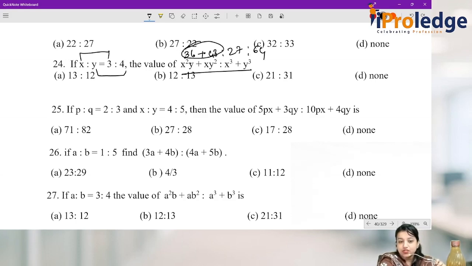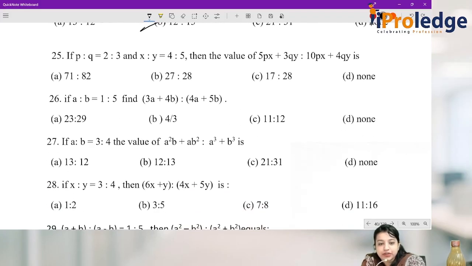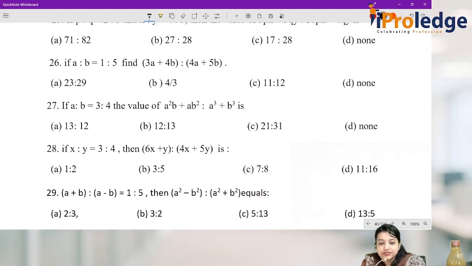So add these two: 36 plus 48 is 84, and 27 plus 64 is 91. So 84 divided by 91, match with the decimals. Next 25, 26, 27, 28, 29, try them.